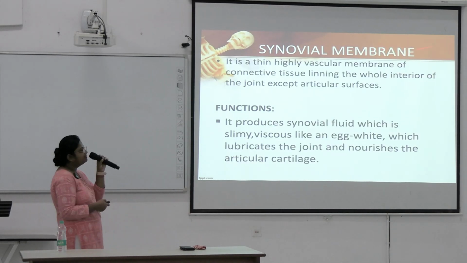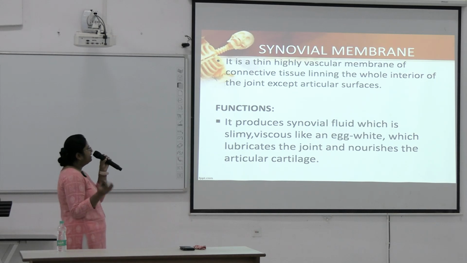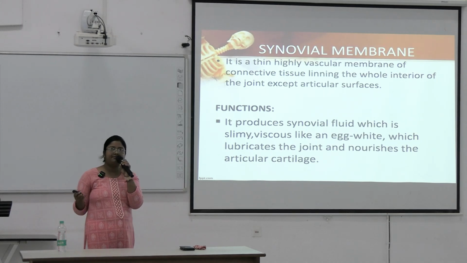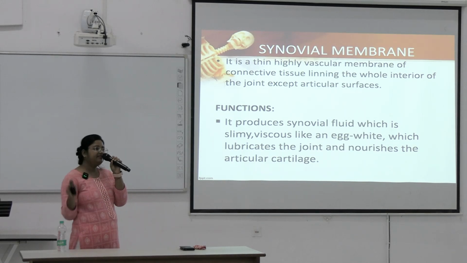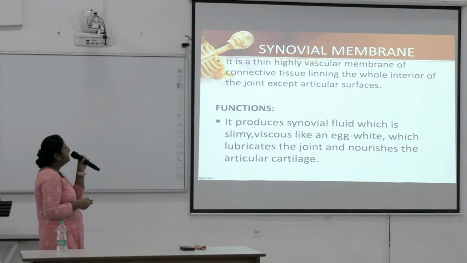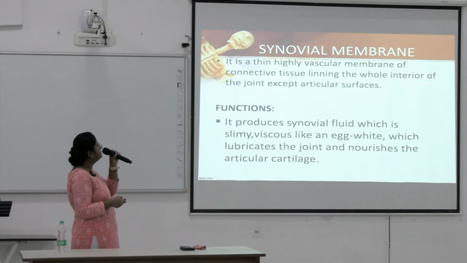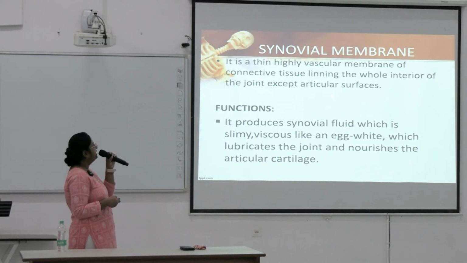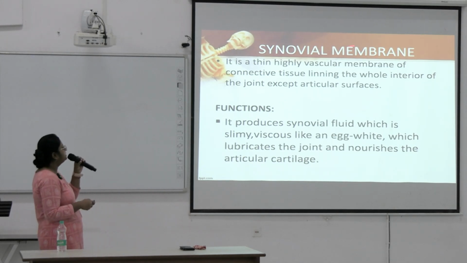Next we go to the synovial membrane. It lies just inside the fibrous capsule, as we have seen in the previous picture, lining the whole of the joint cavity. It is a thin, highly vascular membrane of connective tissue lining the whole interior of the joint except the articular surfaces. What are the functions of the synovial membrane?